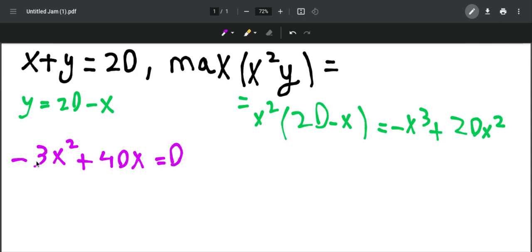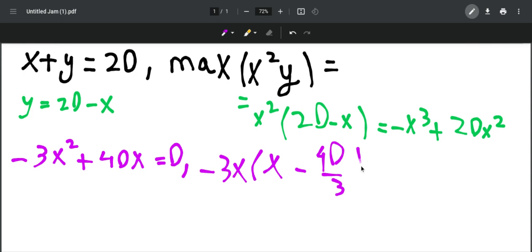Now I can factor out negative 3x, so negative 3x times x minus 40 over 3 is equal to 0. By the zero product property that we know from Algebra 1, we have two solutions: x is equal to 0 and x is equal to 40 over 3.